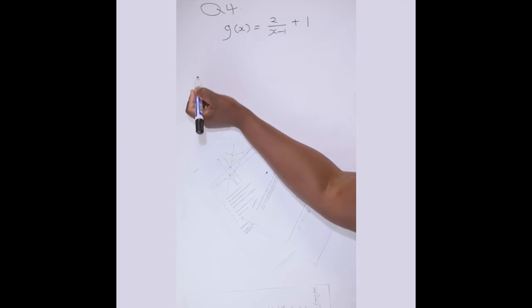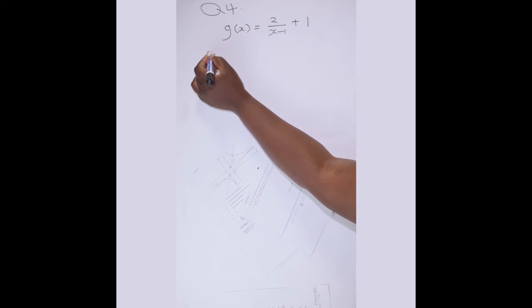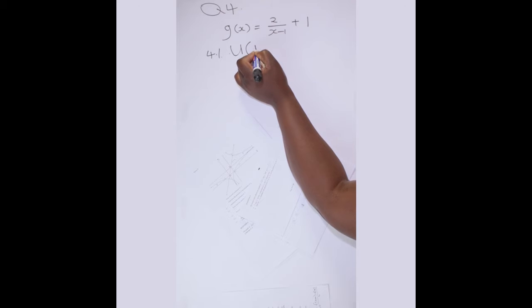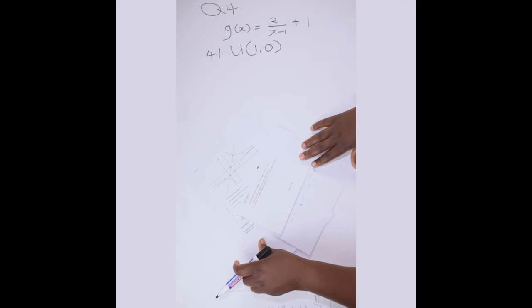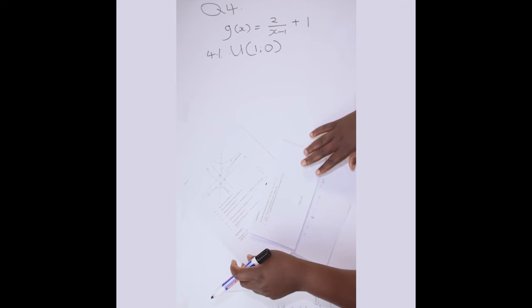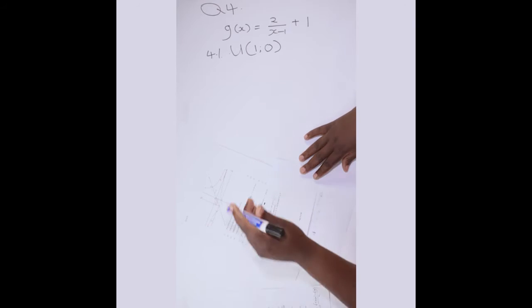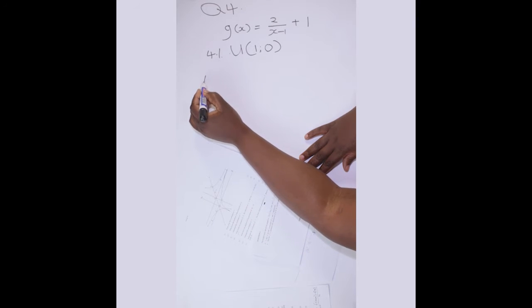So therefore, the coordinates of u are 1 and 0. 0 is just because it's on the x-axis. Remember, the x-axis is the line where y is always equal to 0. Okay, that's 1 mark. It's pretty clear and straightforward.